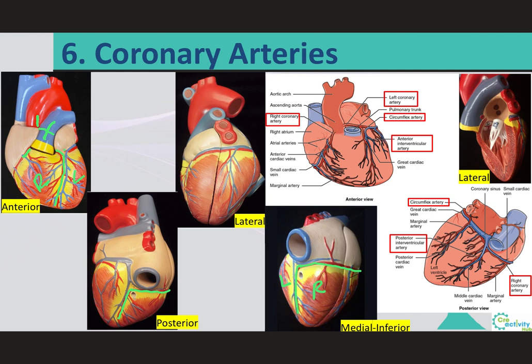And the other branch will give rise to the circumflex artery. We can see it here as well, going around. And then once it comes to the posterior side, it starts to go down and then receives a different terminology. So we're only going to focus on the circumflex artery. And these are all the coronary arteries that you need to know of.